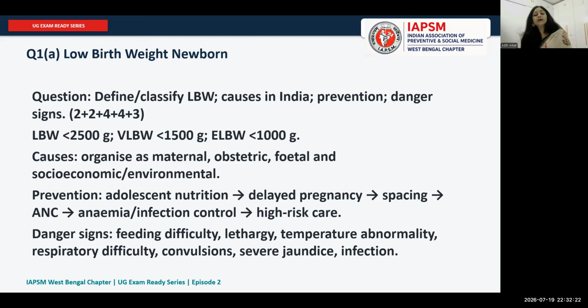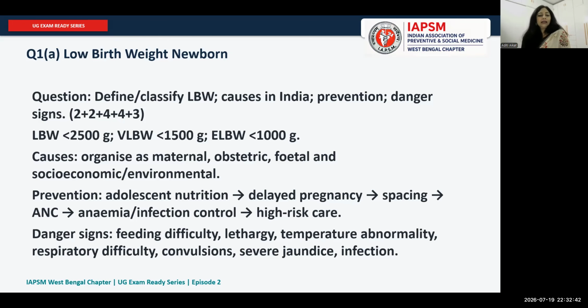Apart from this, which is based on the body weight, they can be based on the maturity of the newborn, and there you can have the preterm and the small for dates babies. That will add depth to your answer.